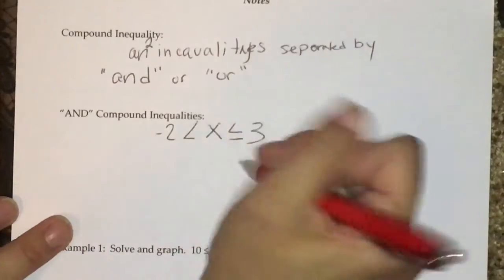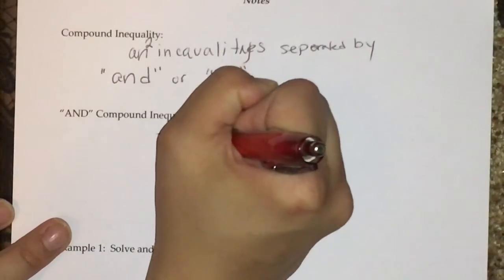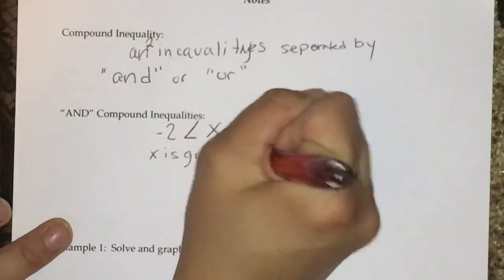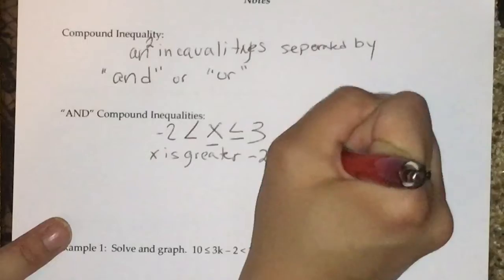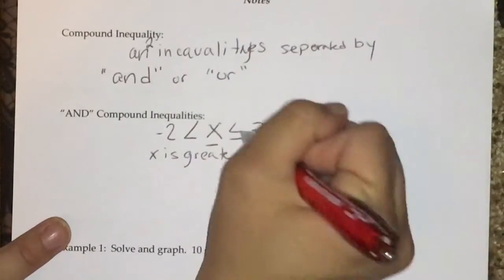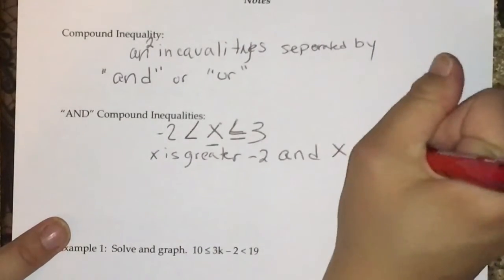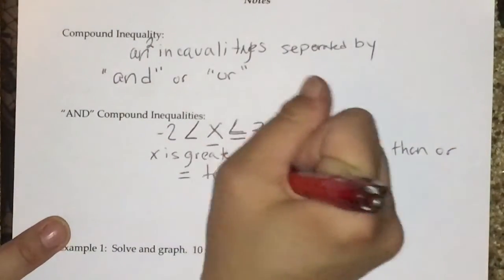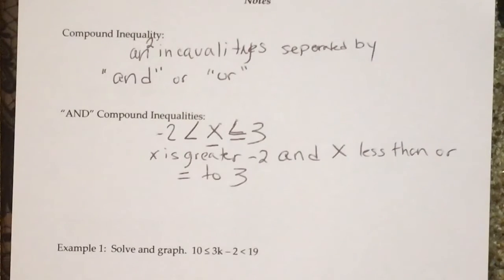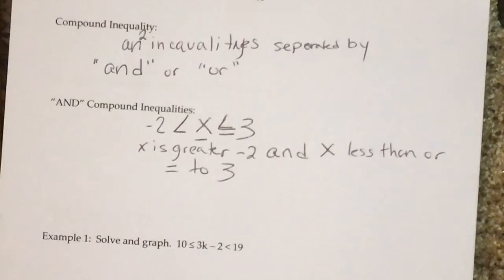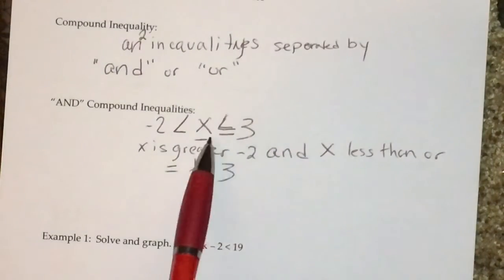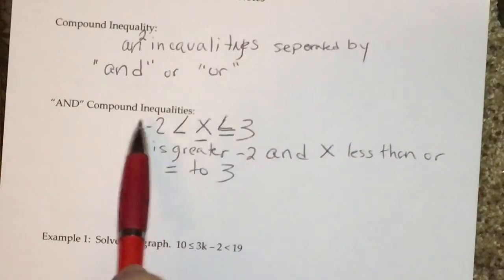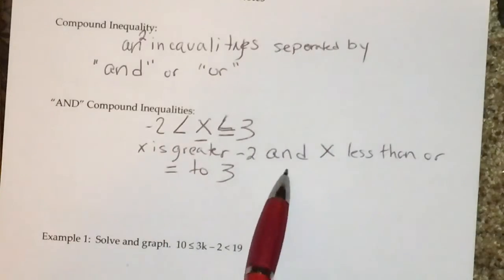So this is basically saying x is greater than -2 and x is less than or equal to 3. Remember how I said over and over again to make sure that you always read the variable first.